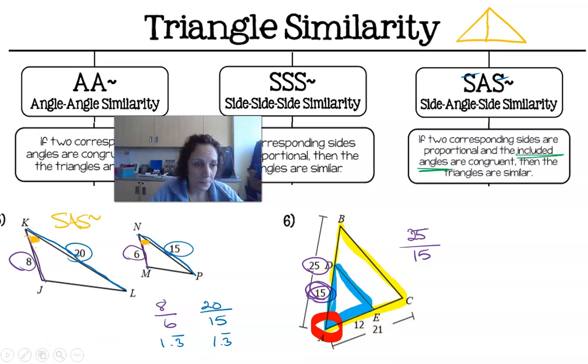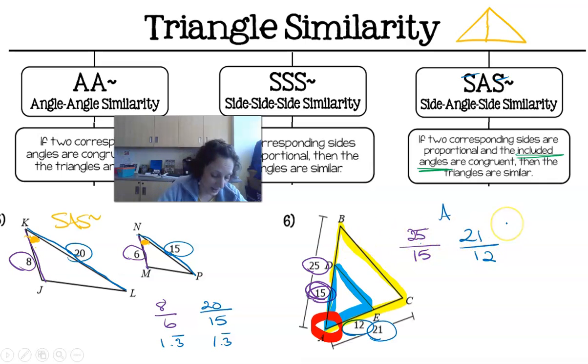Over here, on the other side, I've got a 21 and a 12. So 21 over 12. I know I have the angle in between. That's a given. The question is, do I have the side ratios? Are these going to be good enough? Are they the same?